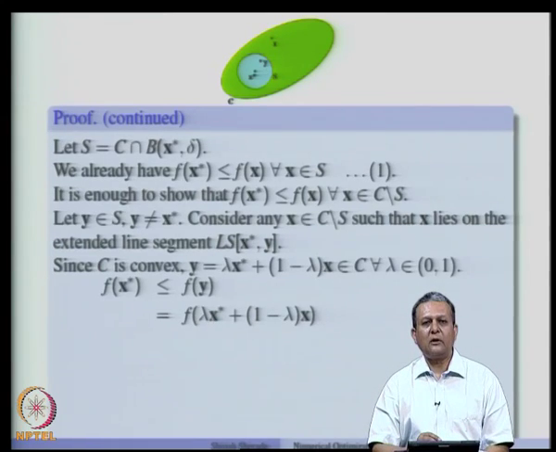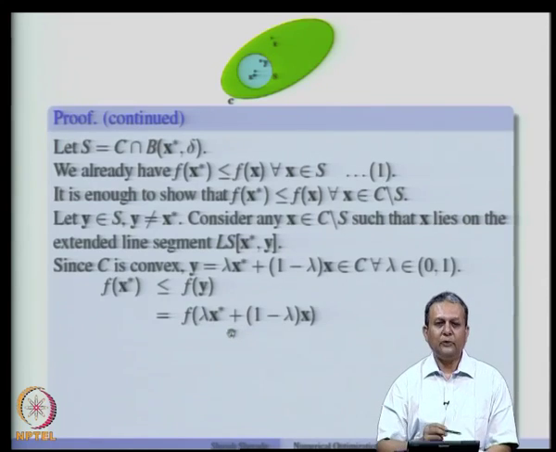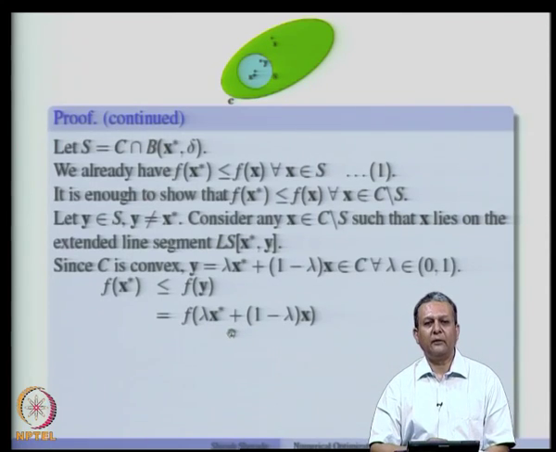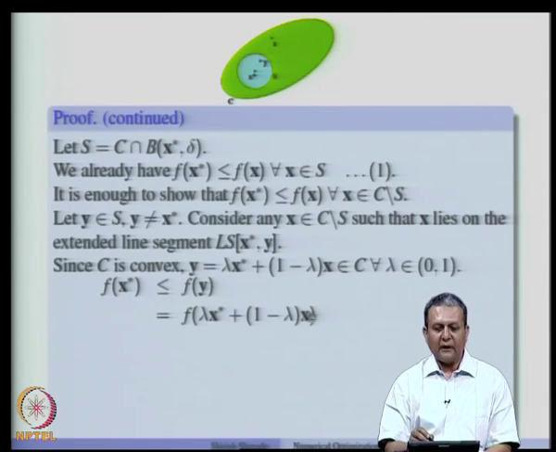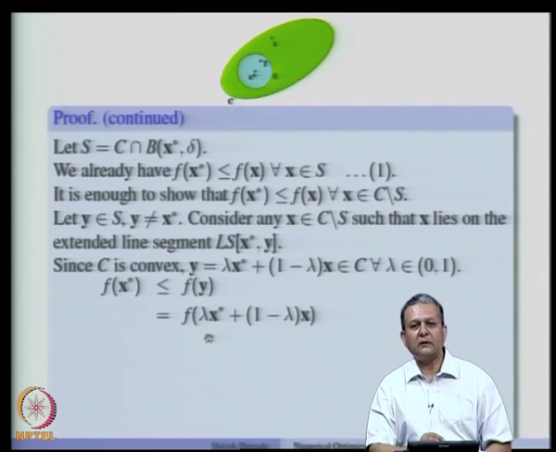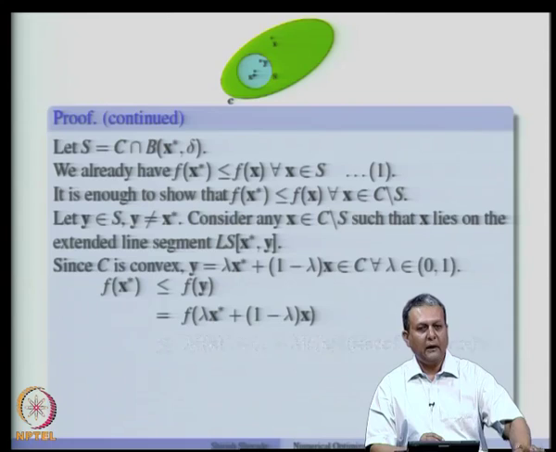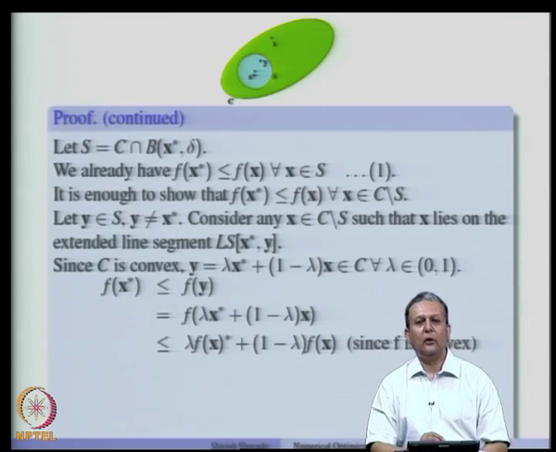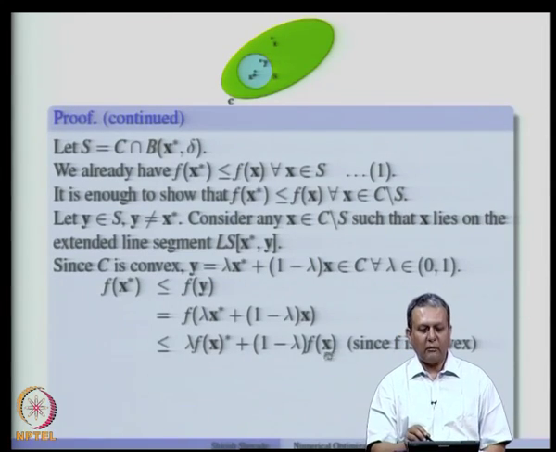So far we have used the convexity of the set C. Now, we can use the convexity of the function f. Since f is convex, we take any x star and x in the domain, take a line segment joining those two. So, by the definition of convexity, f of lambda x star plus 1 minus lambda x is less than or equal to lambda f x star plus 1 minus lambda f x, because f is convex.